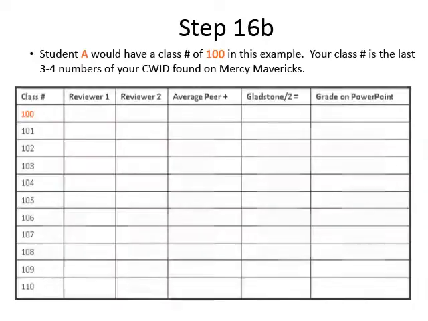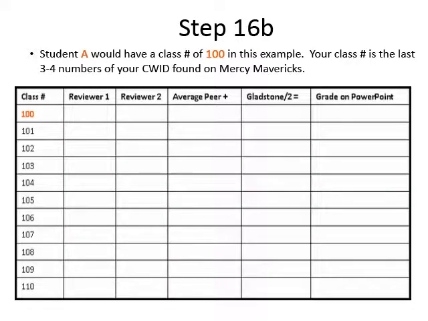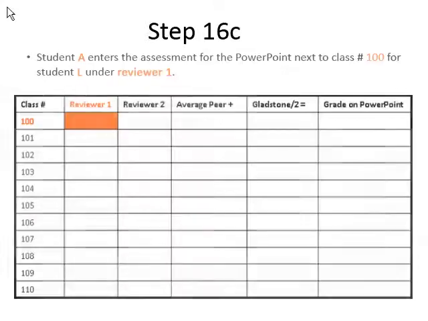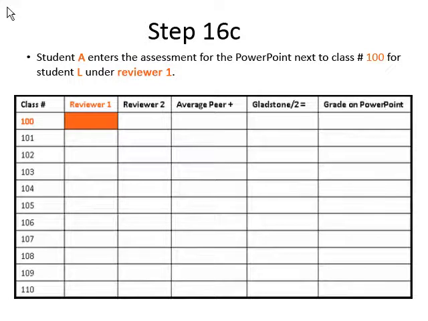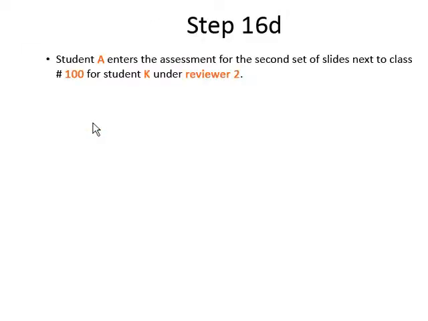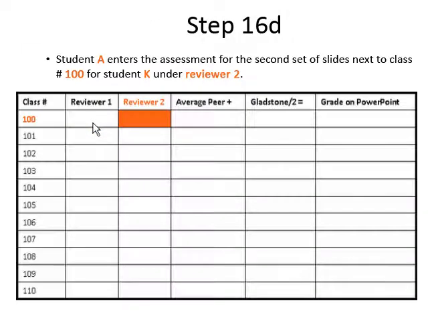Thus, student A might have a college-wide ID of 100. As the first assessor in the peer review chart, student A would fill in the cell next to his or her class number with a grade from 0 to 9. Then the student evaluator would go on to grade the second PowerPoint, again using the rubric.